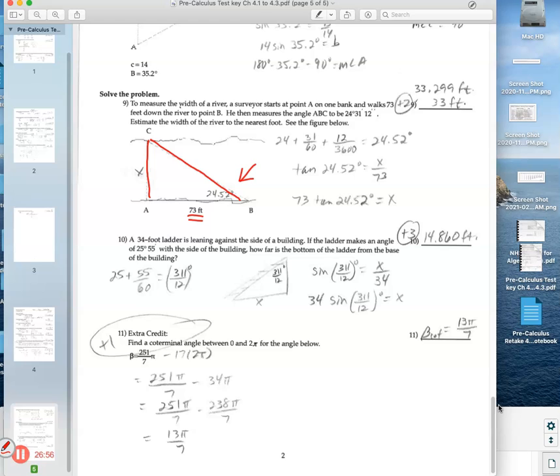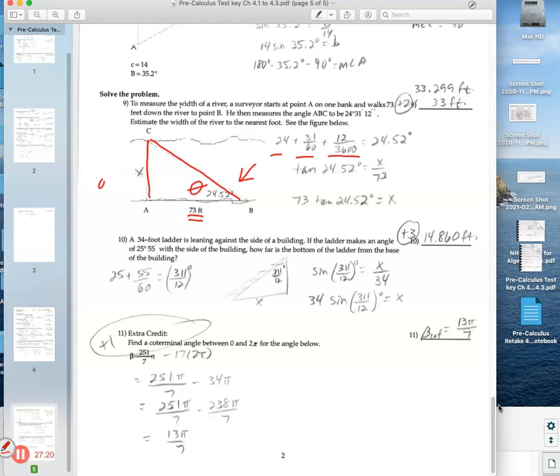And so it's 24 plus 31 over 60 plus 12 over 3,600. Some of you had a 60 on the bottom of that last one for seconds, and that's not right. There are 3,600 seconds in a degree. So that's 24.52 degrees. And we have this angle right here.